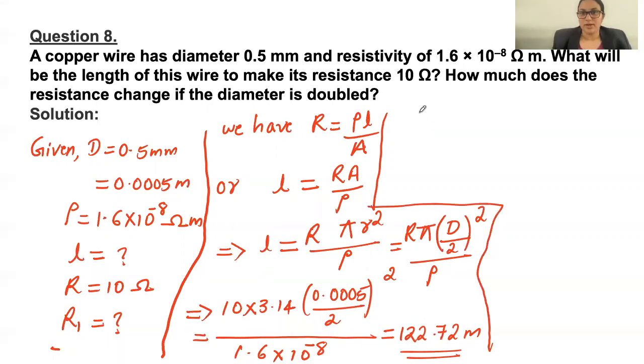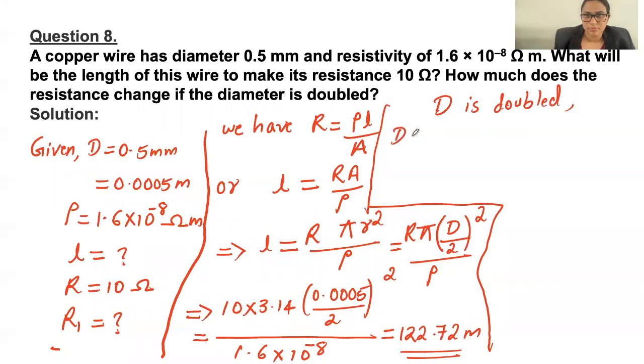So we need to calculate the resistance when D is doubled. So diameter will be equal to 1 millimeter, which is equal to 0.001 meter. Now we have new resistance value.